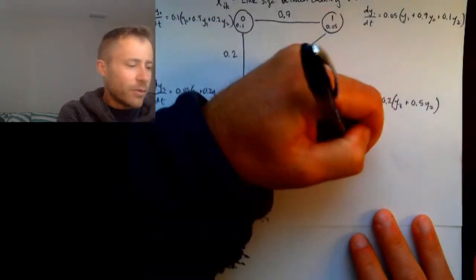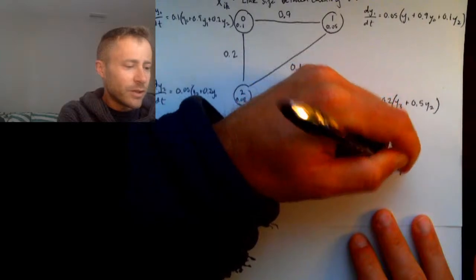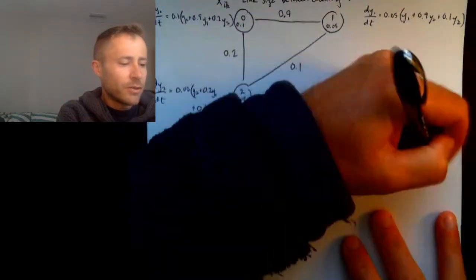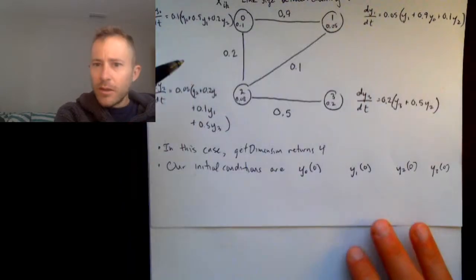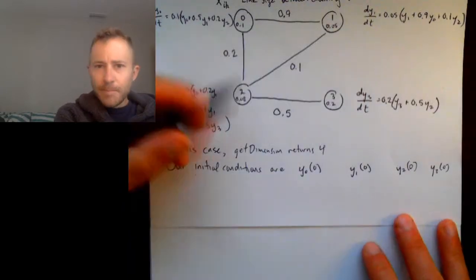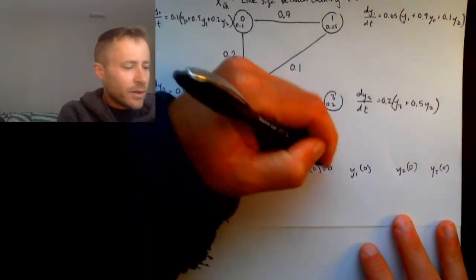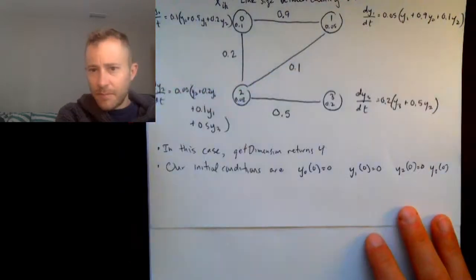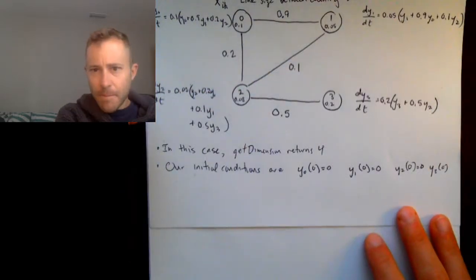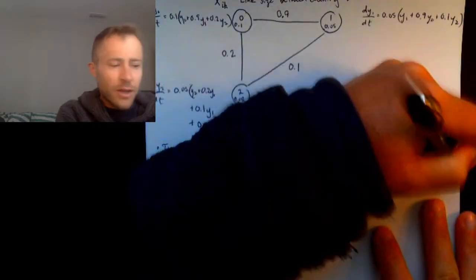You have the amount that country 1 has at time 0, the amount that country 2 has at time 0, and the amount that country 3 has at time 0. Maybe country 0, country 1, and country 2 don't start out with the disease at all. But maybe country 3 starts out with 5 cases.